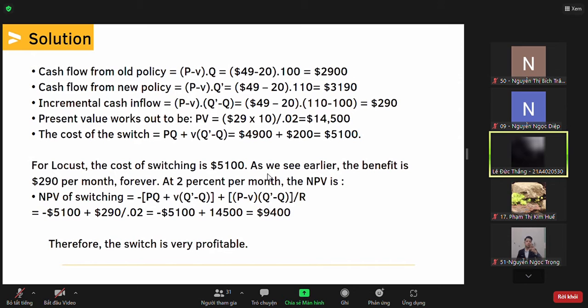So the NPV right now is $9,400. So as I said at the start of this part, when the NPV is positive, Locus can say that the switch is very profitable.